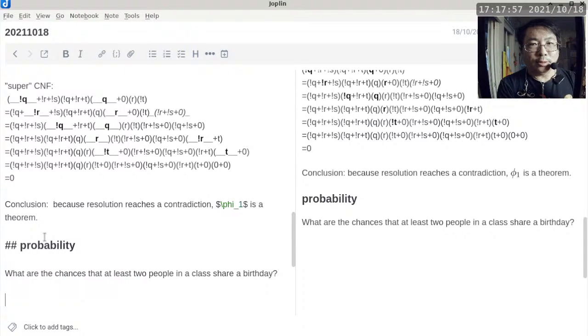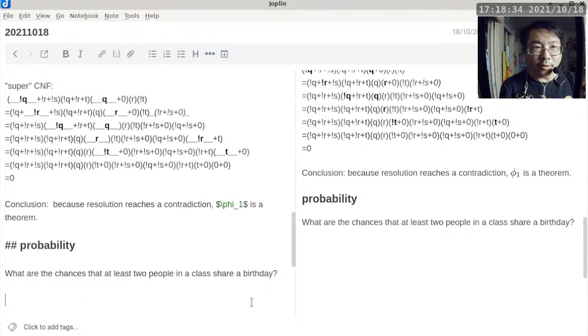Let's call these people A, B, and C. But if you want to answer the question of what are the chances that at least 2 people within these 3 people share a birthday, you've got a few configurations, because you can have A and B sharing a birthday, B and C sharing a birthday, A and C sharing a birthday, or A, B, and C all sharing the same birthday. Those are all counted in this particular condition, at least 2 people in the class sharing a birthday. So that makes it kind of difficult to handle.